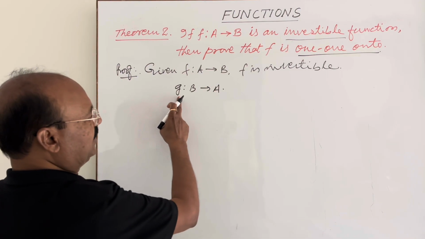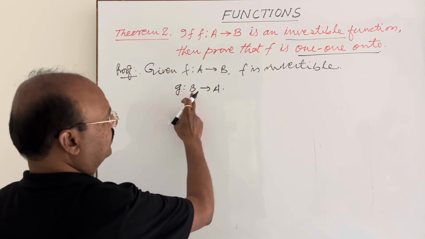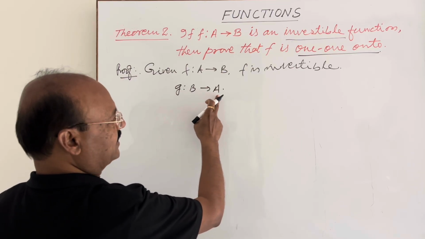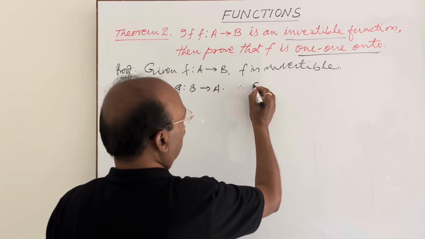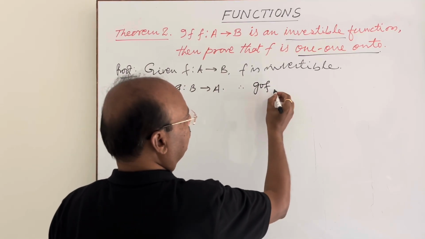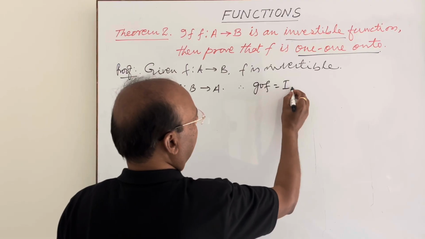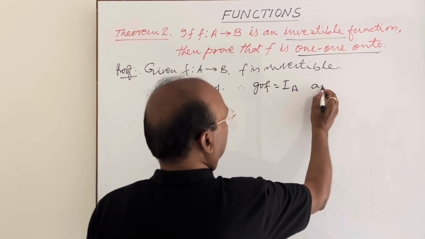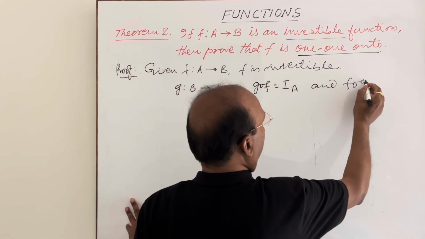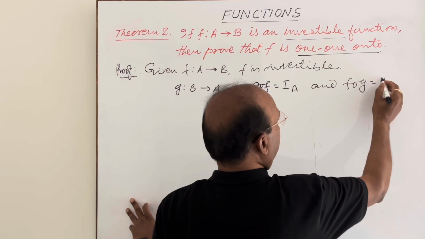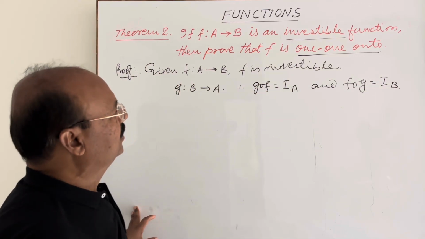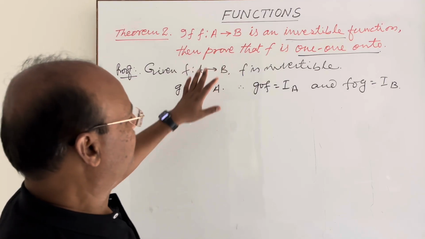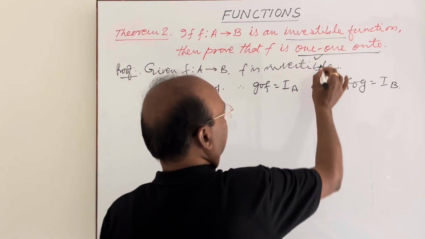So let g be a function defined from set B to set A. Therefore g operation f is the identity function in set A, and f operation g is the identity function in set B. First of all, we have to show that this function is 1-1.